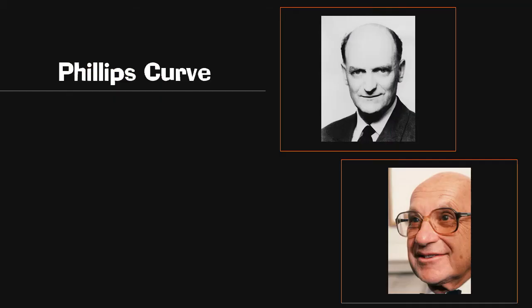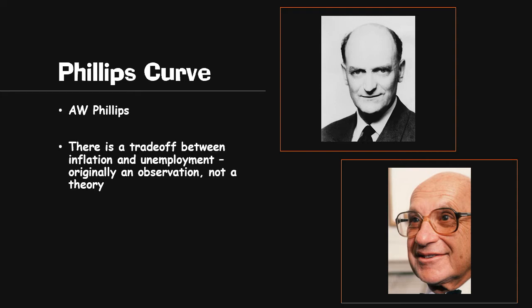The black and white guy up there is a guy named A.W. Phillips. He's from, well, he's dead now, but he was from New Zealand. And he did some analysis and produced something that is called the Phillips Curve. The Phillips Curve was not created as a theoretical exercise.